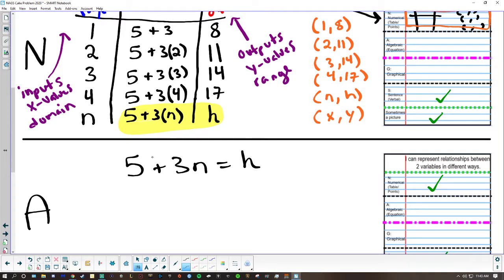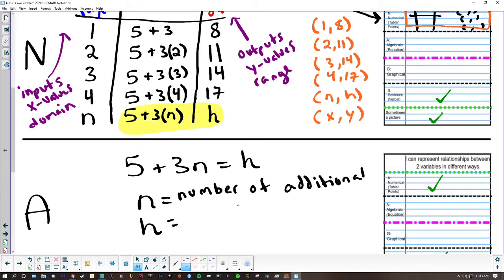Okay, so this isn't enough for an algebraic equation. We have our equation, but we need to make sure that we know what n and h stand for. So underneath, you always need to make sure to write what is n and what is h. So n stands for the number of additional cake layers.